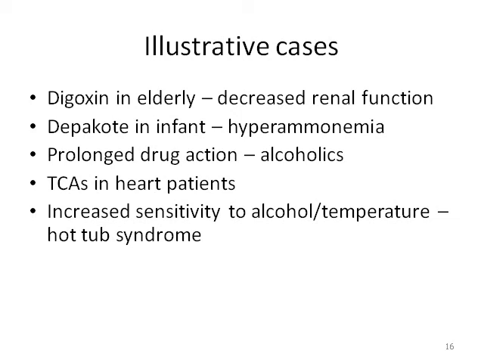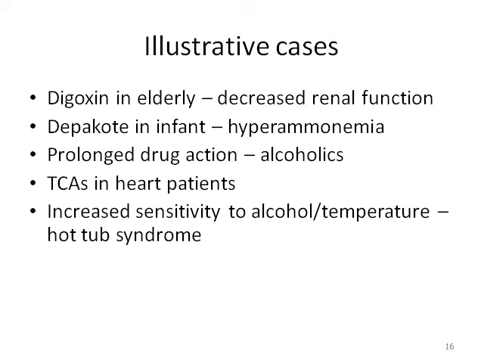With tricyclic antidepressants, we always have to be careful about using those in heart patients. The anticholinergic actions of these drugs can be potentially bothersome in patients that have existing heart disease. And then we have what is called increased sensitivity to certain drugs, like what I've called the hot tub syndrome.